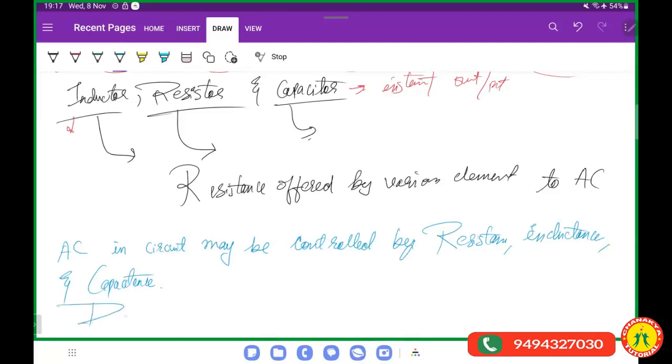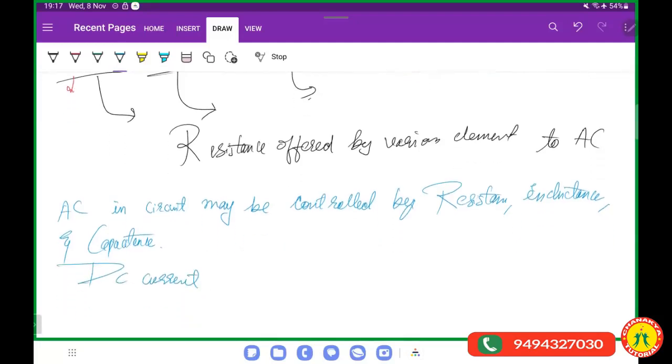But DC current, or let's say directly, is controlled by only and only Mr. Resistance.